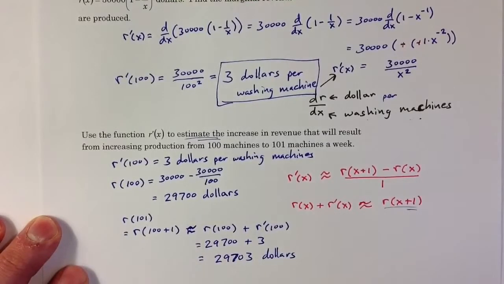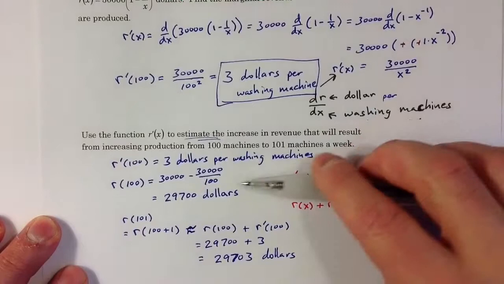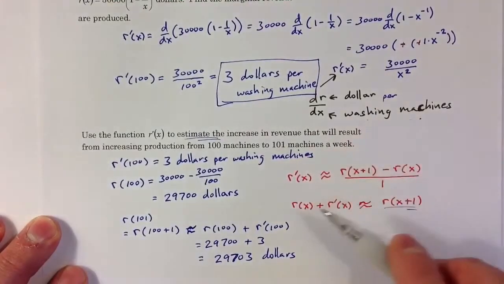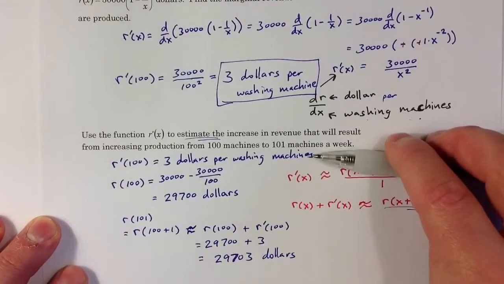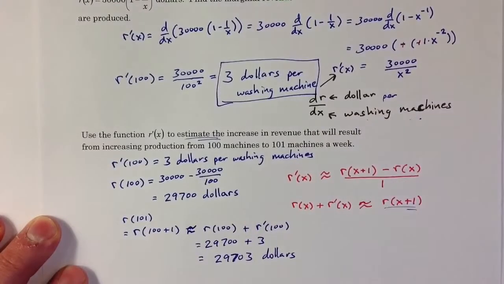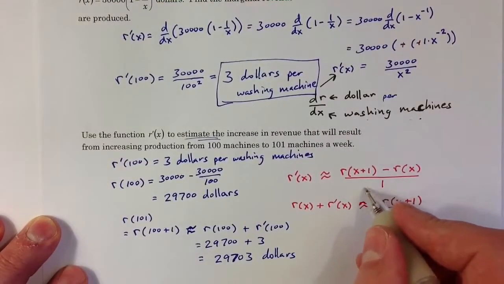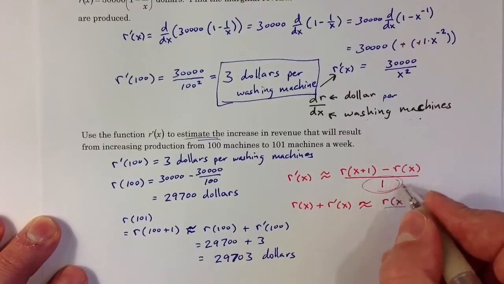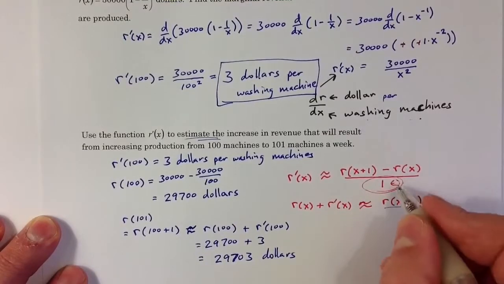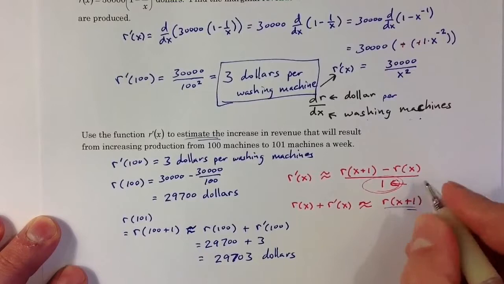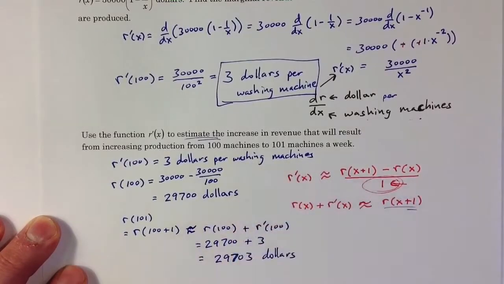So if you want to think about this for a moment, there is kind of an issue with the units. We're taking a dollar amount and a dollar per washing machine amount. We can resolve that difference by thinking about what this number 1 represents. This number 1 represents a change in x, and so it is also in washing machines.